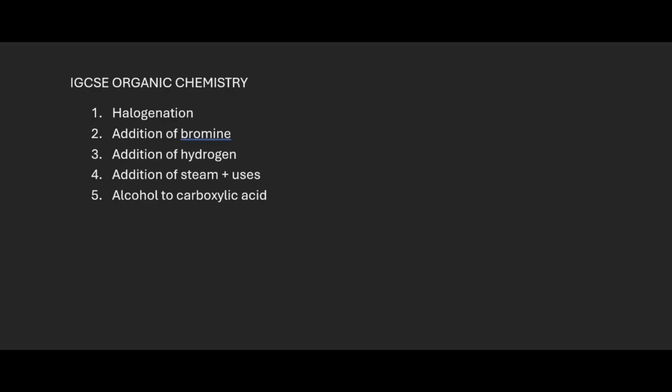Now, I did think of adding a little tip over here by giving you the uses of the two methods of manufacturing ethanol: fermentation of sugars and addition of steam to ethene. We did look at the addition of steam, and let me just quickly give you the advantages and the disadvantages for addition of steam to ethene.